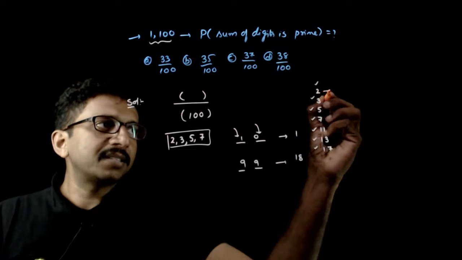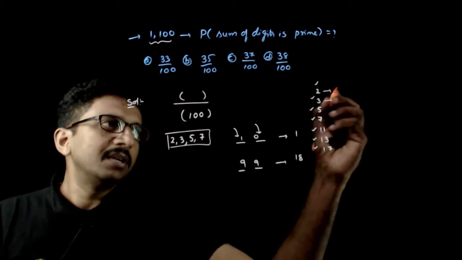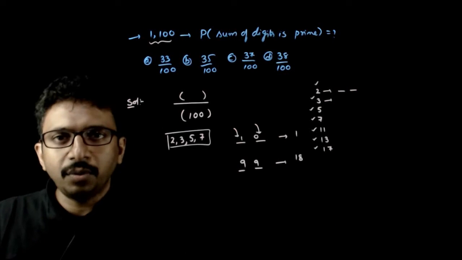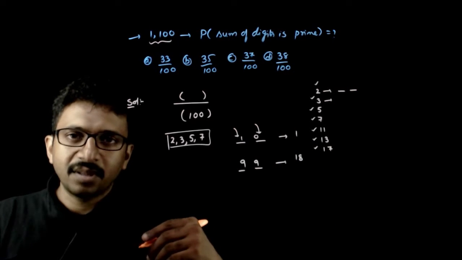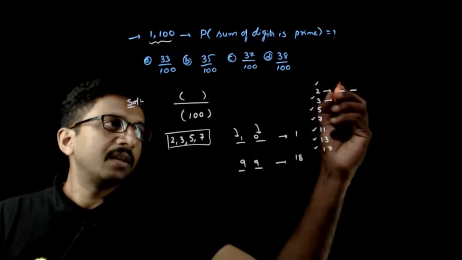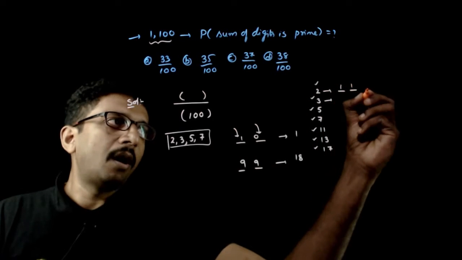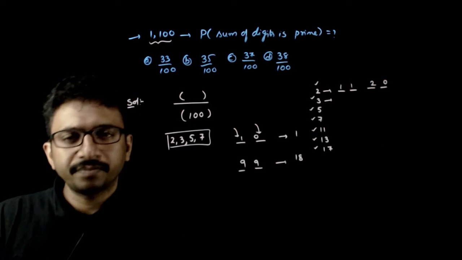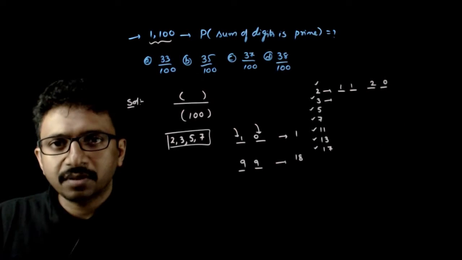For each sum, let us calculate the number of numbers. If the sum has to be equal to 2, the possible two digit numbers are 11 or 20. These are the two possible numbers.